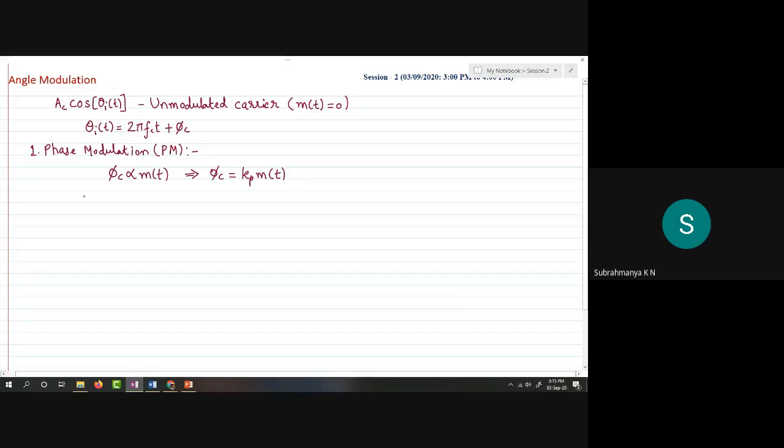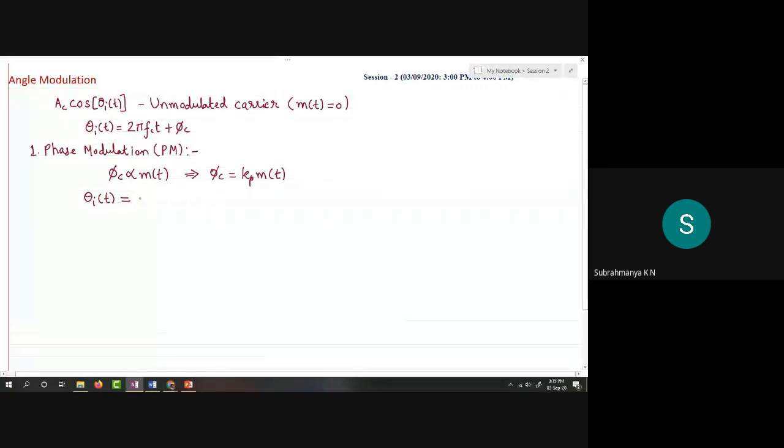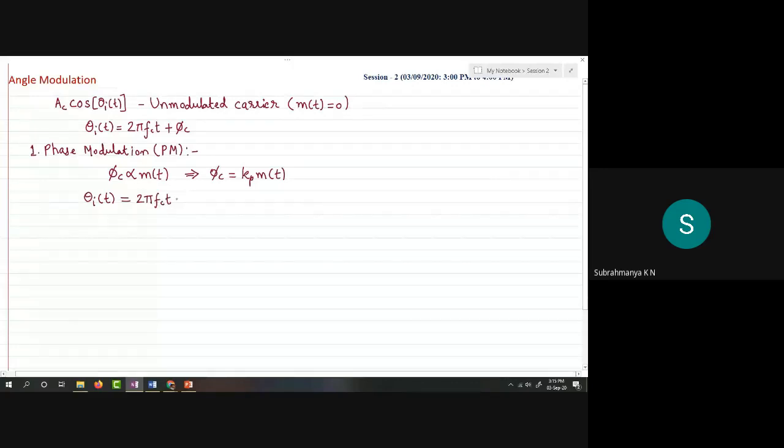With that, theta_i(t), the angle of the modulated wave, will naturally become 2 pi fc t, which we are not touching, plus phi c, the phase of the carrier, which will vary with respect to the information bearing signal.